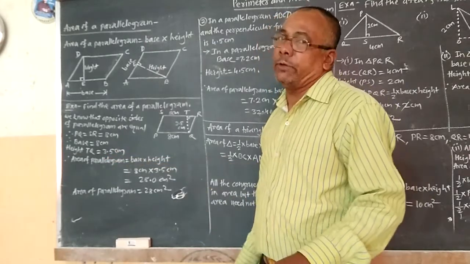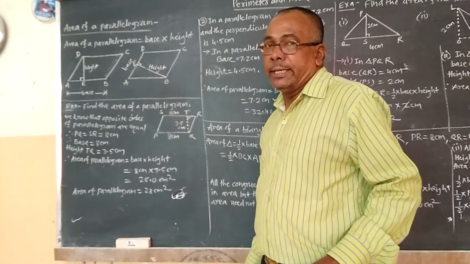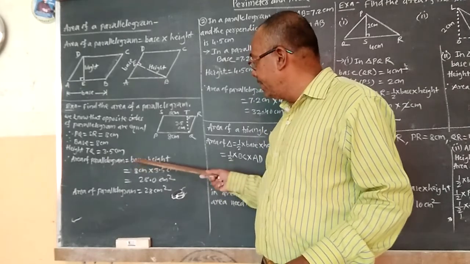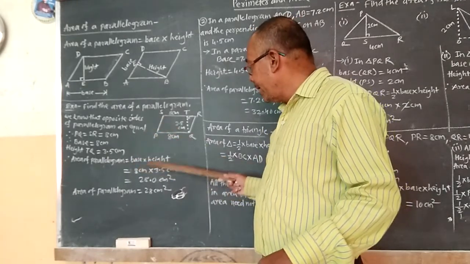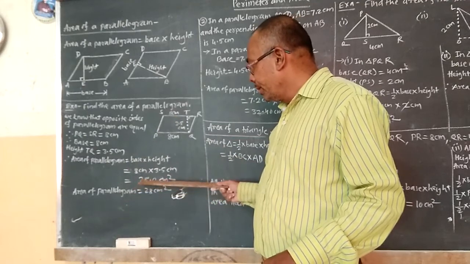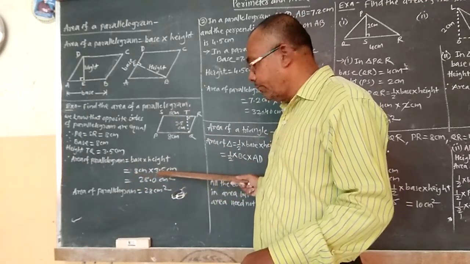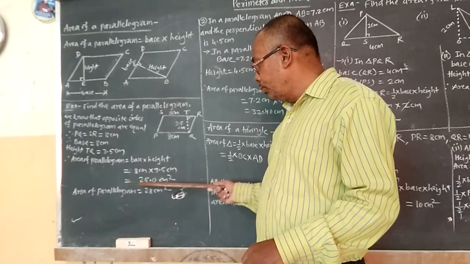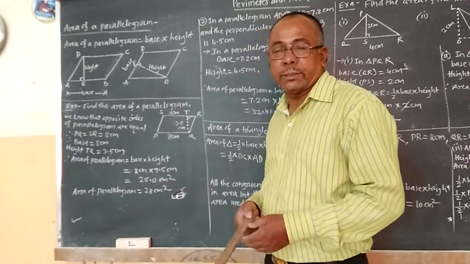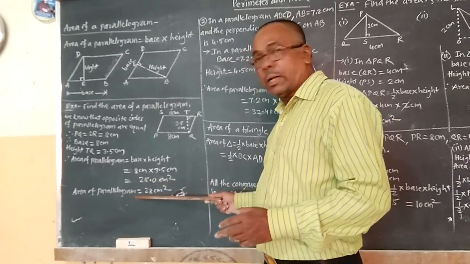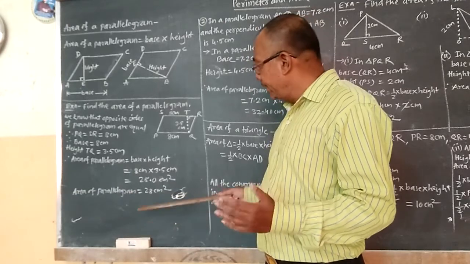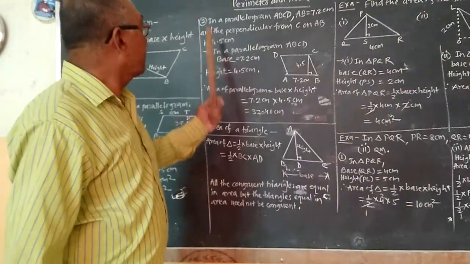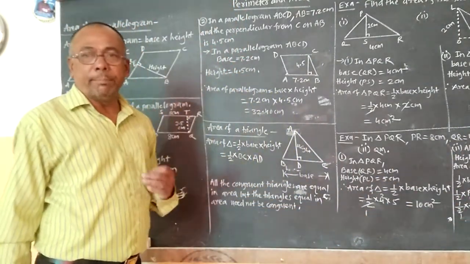Now substituting these values in the formula, the area of the parallelogram is equal to base into height. Here base is SR and height is QT. So 8 cm into 3.5 cm, we will get 28 cm square. Means the area of the parallelogram is 28 cm square. In this way, we will see one more example.